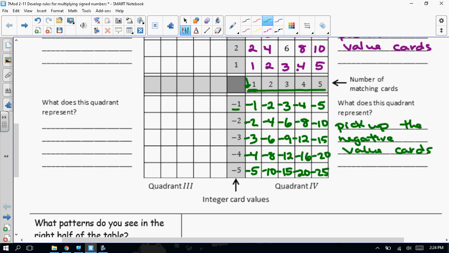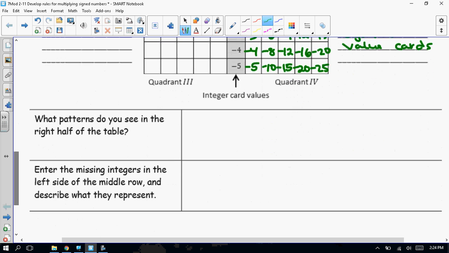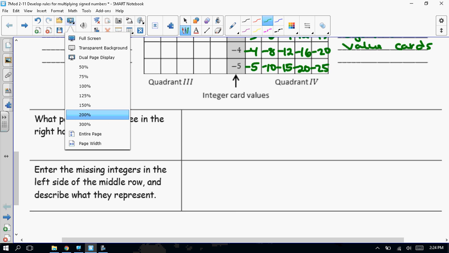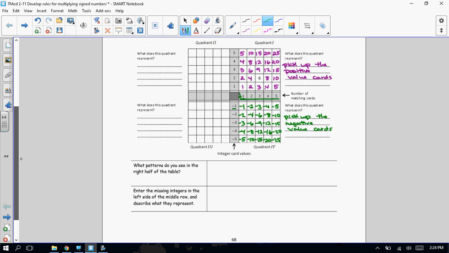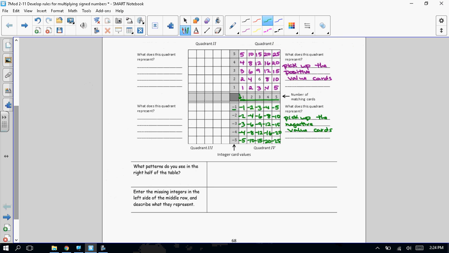Okay? So before we go any further, let's keep looking at what patterns you see on that side. I'm going to make my scale a little bit smaller so I can see everything. What do you notice is going on in quadrant 1 and quadrant 4? I see that in quadrant 1, all of those are positive, aren't they? All my answers are positive.